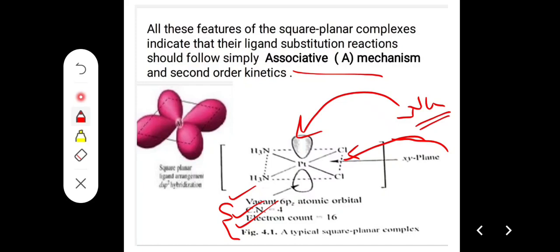First, platinum 2+ complex formation is easy in the laboratory. Second, platinum 2+ always produces square planar complexes. Platinum 4+ produces octahedral complexes, but platinum 2+ always produces square planar complexes.